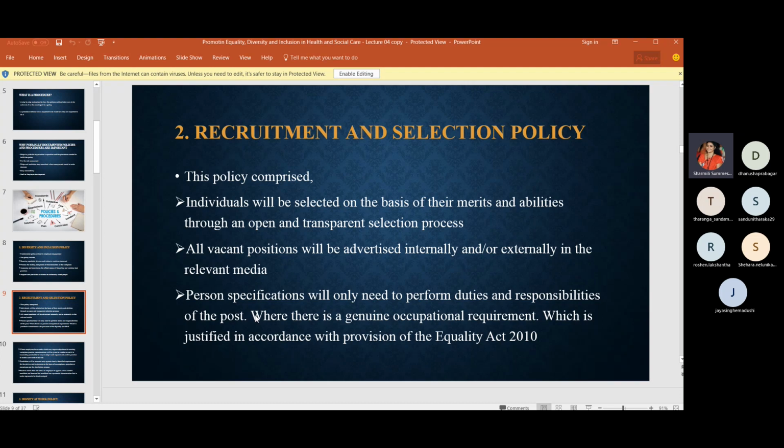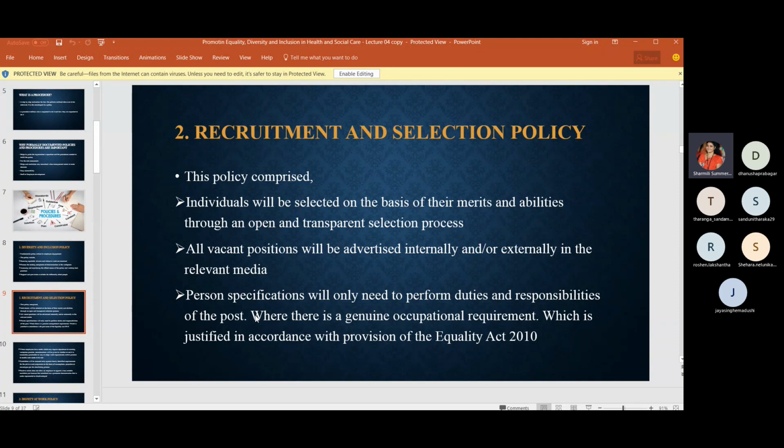But sometimes, if the vacancy is an internal vacancy, that means they are recruiting the candidates internally. Normally we write our name and all those things, no?